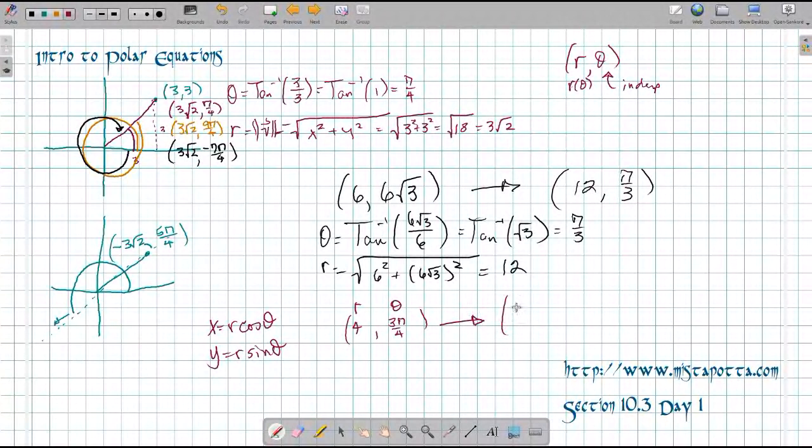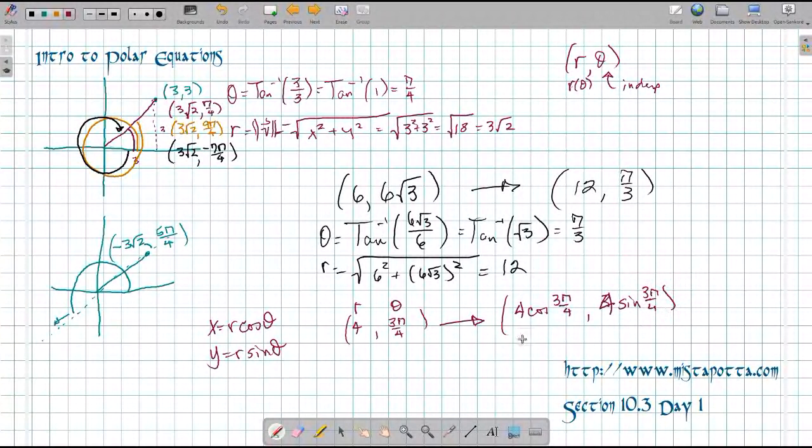My x coordinate is going to be 4 times the cosine of 3 pi over 4, and my y coordinate would be 4 times the sine of 3 pi over 4.